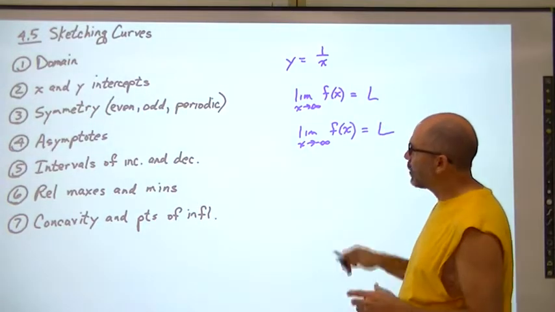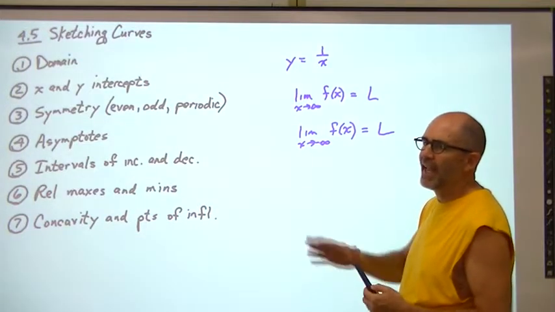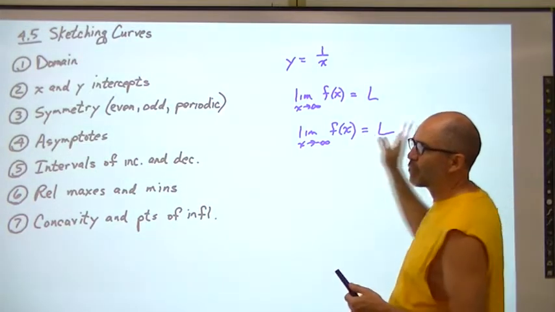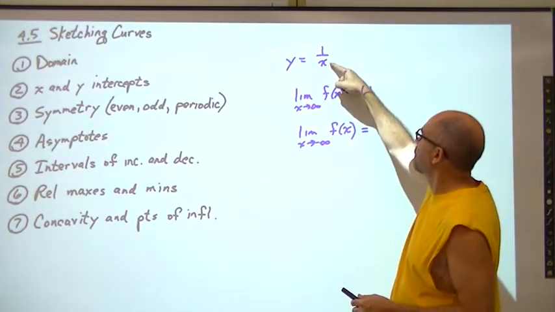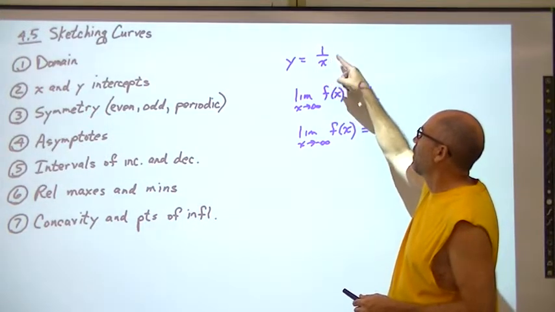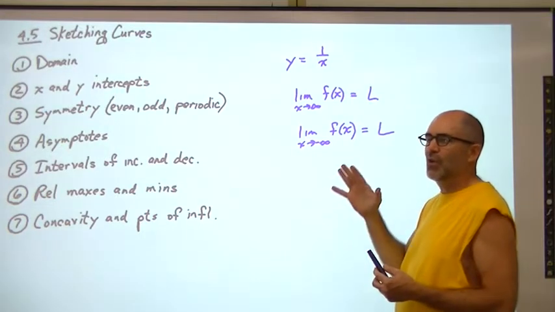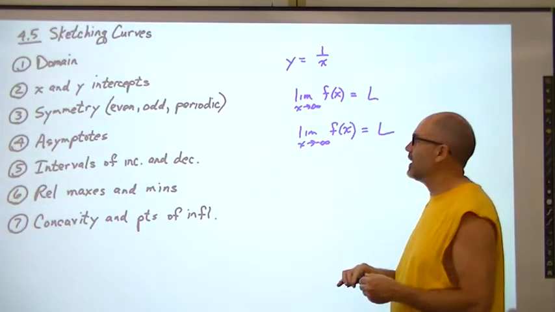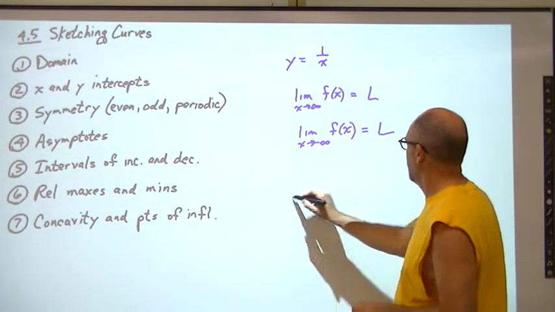So that's going to give us a clue of how to graph it if we know where it's going to end up if we go indefinitely to the right, to the left, up, or down. Now notice if I let x approach infinity here, then y approaches 0, which means this function will level off to y equals 0 if I go indefinitely to the right and to the left also.